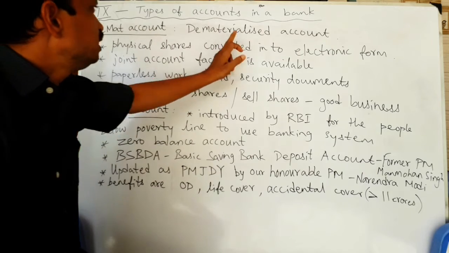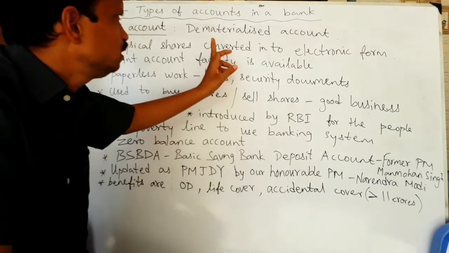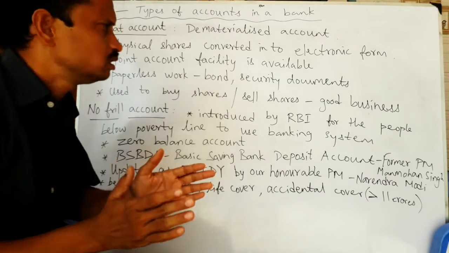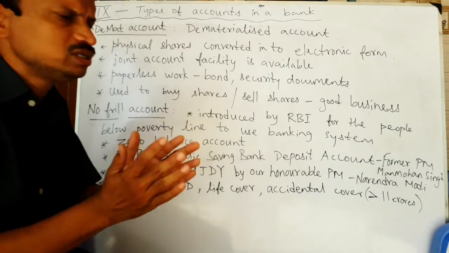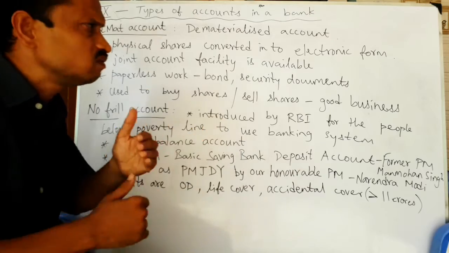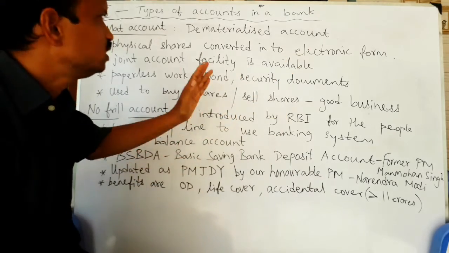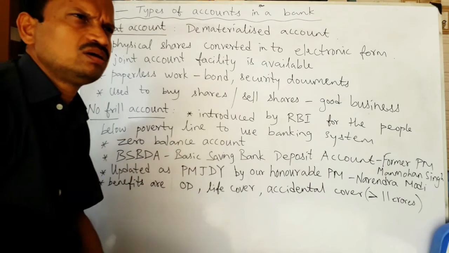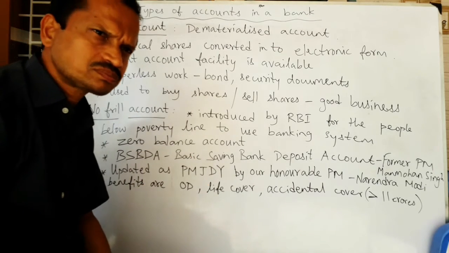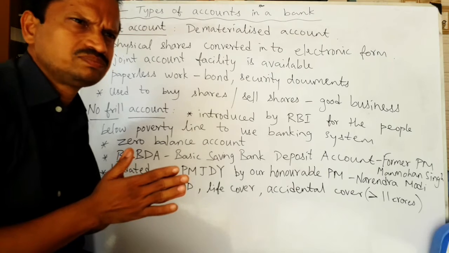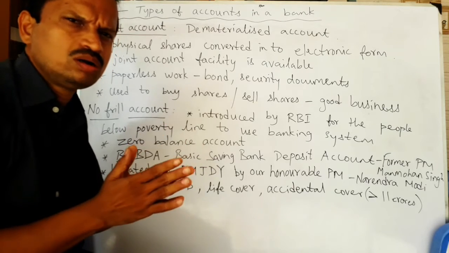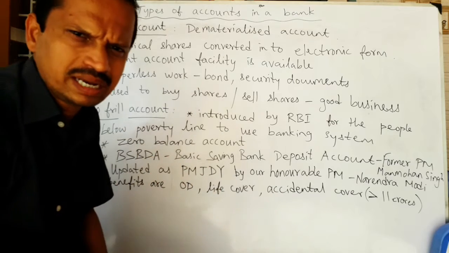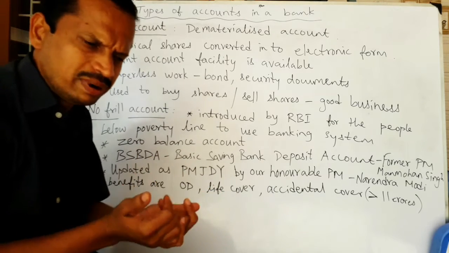So it is called dematerialized account. You see the physical shares. Materialized means the physical shares, converted to electronic form, so that is dematerialized. A digital form. Clear? Before that electronic form, to buy a share we had to get a bond that should be registered, or maintain security documents when we buy a share.